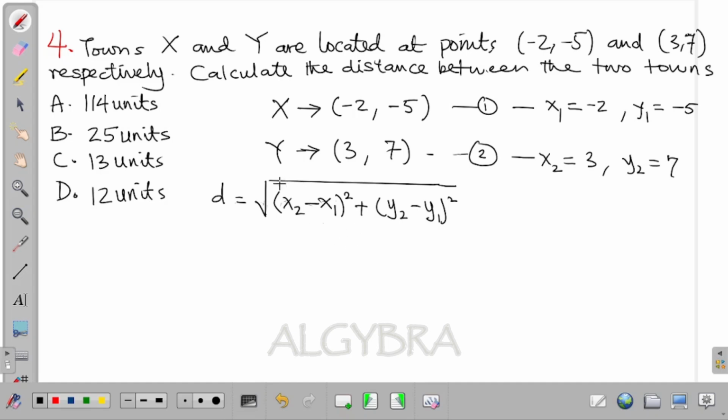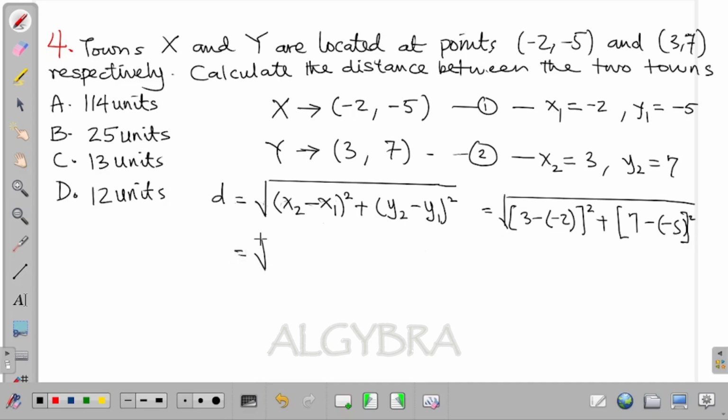So if we plug this into the equation, we're going to have d equal to the square root of 3 minus -2, all squared, plus 7 minus -5, all squared.